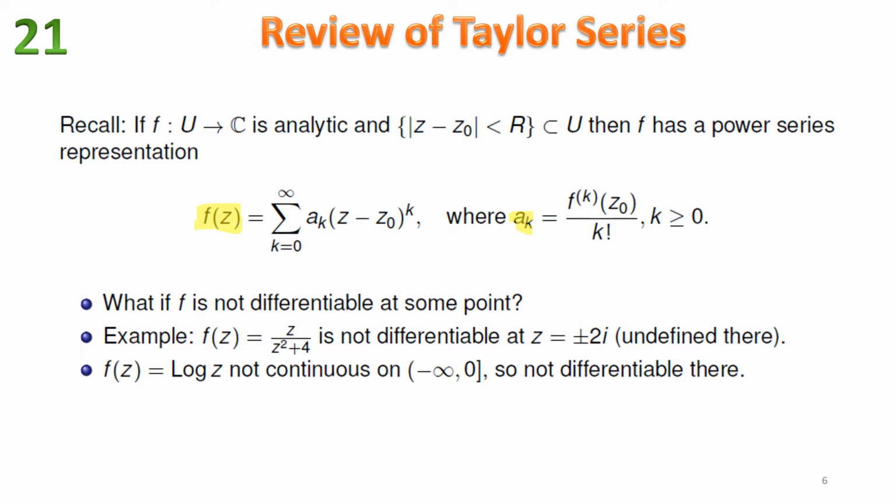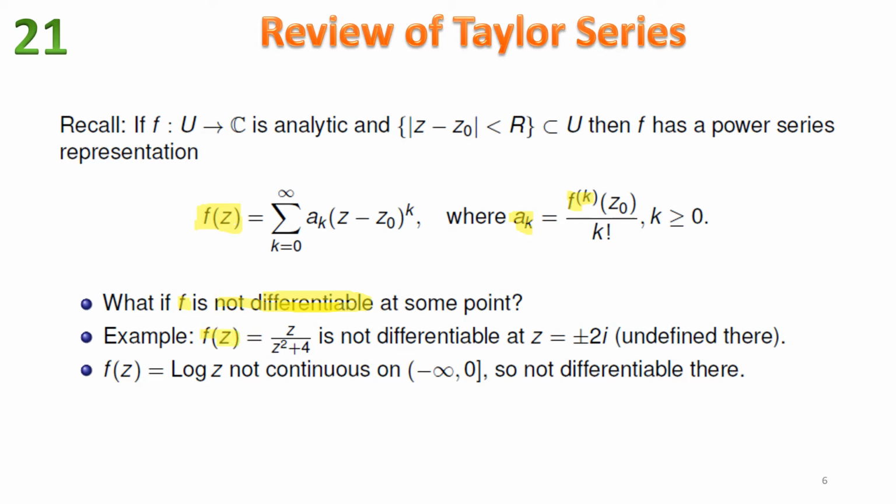But the question is, if the function is not differentiable, so here we need the derivative, and if the function is not differentiable at some point, for example, then what happens? Let us deal with such an example.